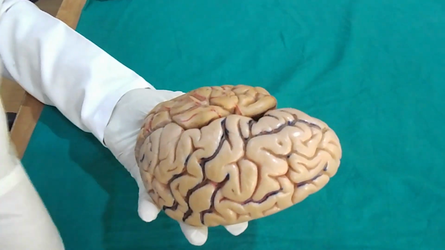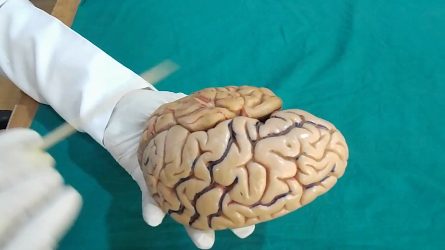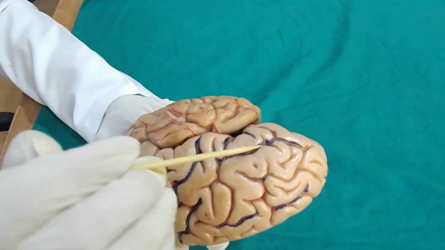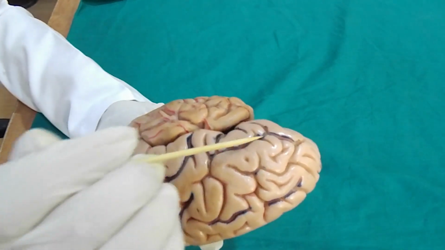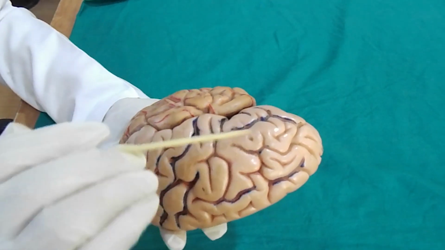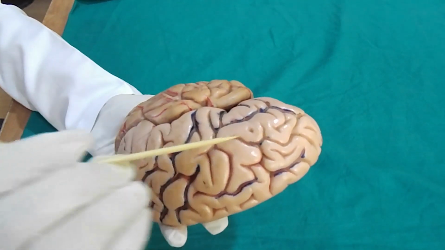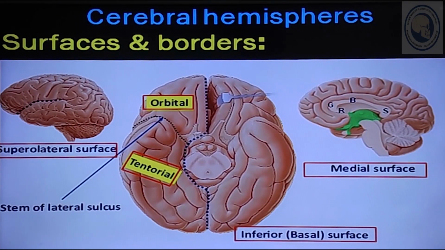When we are looking at the surface of the cerebral hemisphere, we will find grooves and elevations in between these grooves. These grooves are called sulci, and in between we have areas called gyri. So let's revise what we see on the specimen. About borders, we have this one, which is called the superior border.